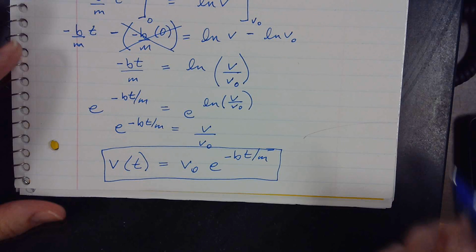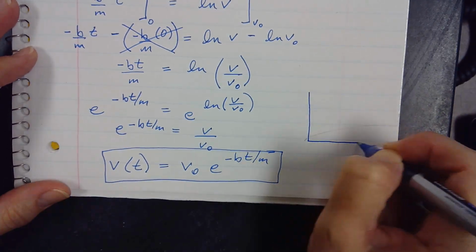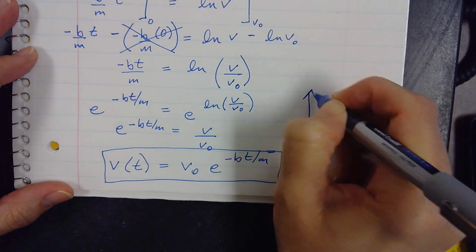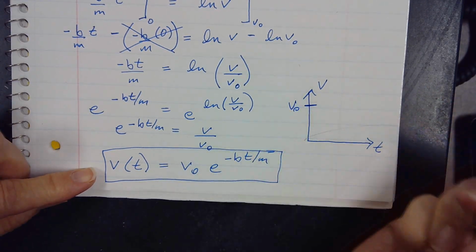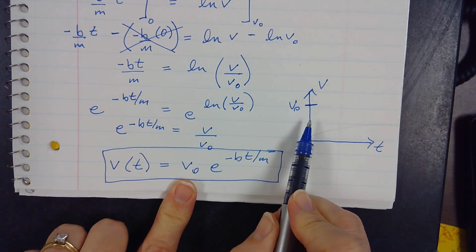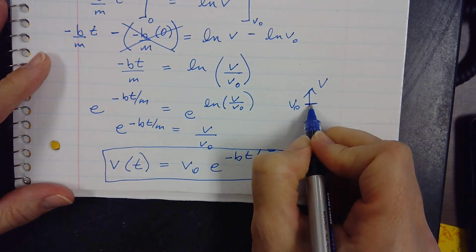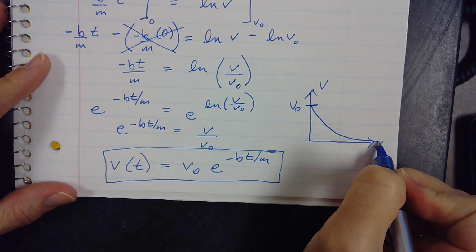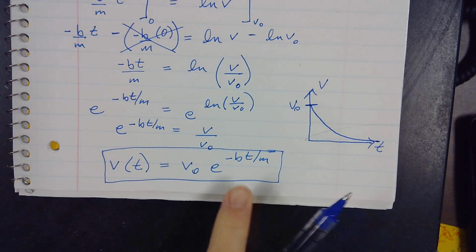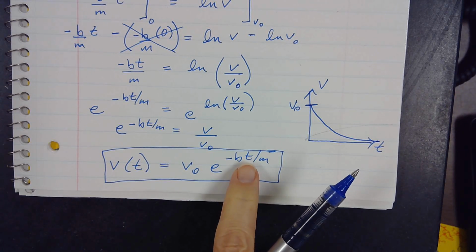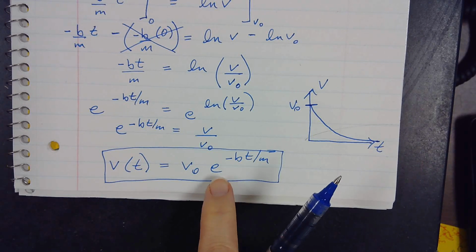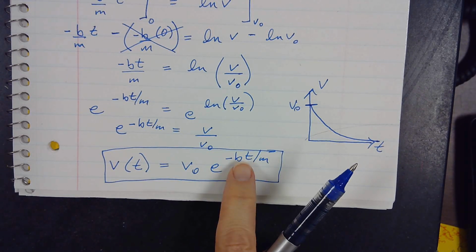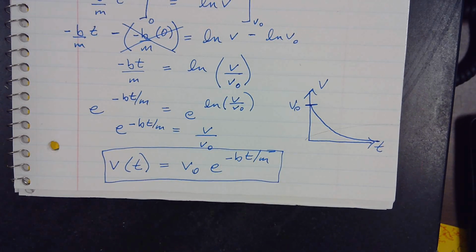It's going to get close to stopping, and effectively it's going to stop. But if I want to make a graph of this, of velocity over time, I start at the initial velocity, and then I have exponential decay. Okay? And once the time is a really, really big number, remember that a negative exponent is the same as 1 over the thing to a positive exponent.